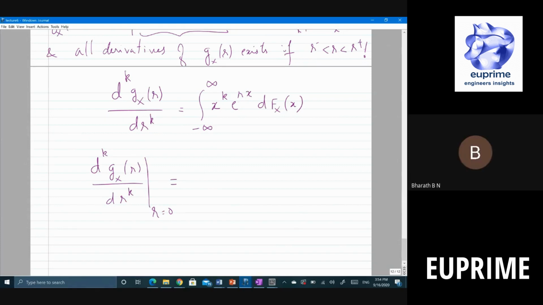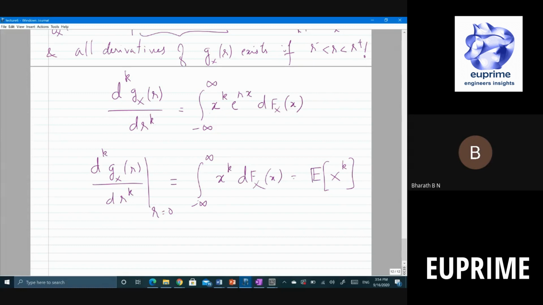If I take the derivative with respect to r, x will come out. So what happens if I take r equal to 0? Sir, it is the kth moment. Yeah, sir. Expectation of x to the power k. This is the expectation of x power k. So that means taking different derivatives. For example, if I take k equal to 1, I get the mean.